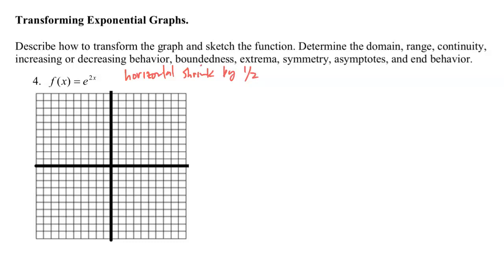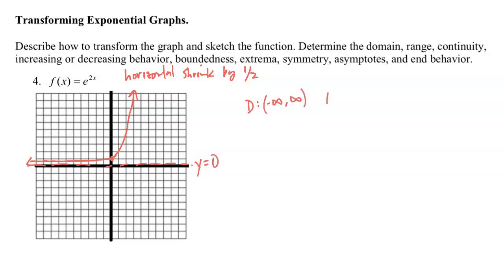This is still going to be an exponential growth. It's still going to have a horizontal asymptote at y equals 0 since we're not moving the graph up or down, and it's still going to go through the point 0, 1. And so this is going to be an exponential growth that goes through that point 0, 1 and then grows very quickly like so.